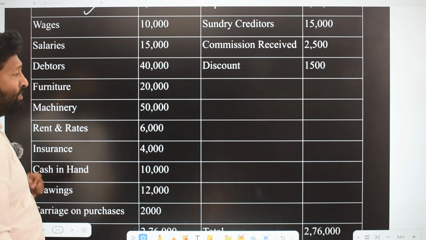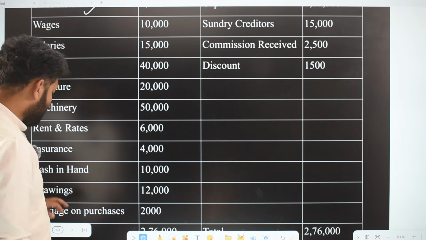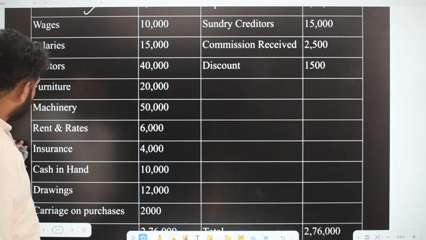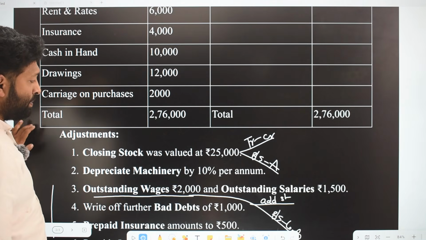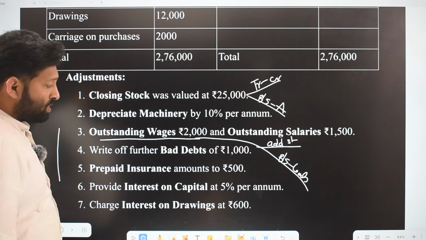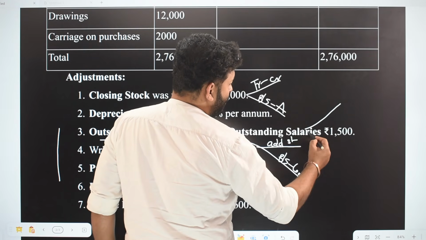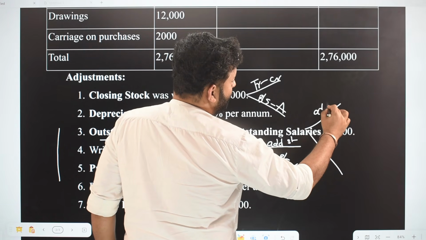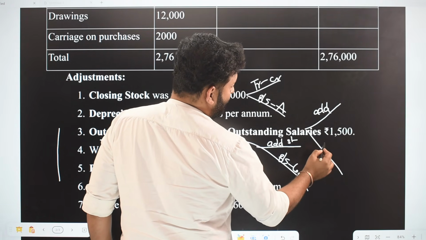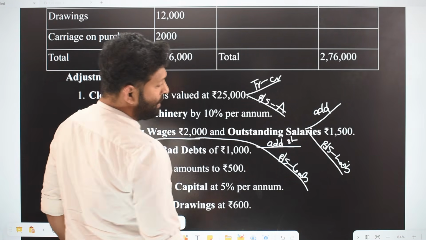As I said, develop a habit that always check the adjustment. Salaries, yes, how much? 15,000. Check the adjustment. Is there any adjustment? Yeah. Now we have outstanding salaries. What is the treatment? Same treatment. First time, add it to the salaries. Second time, balance sheet liabilities. Clear?